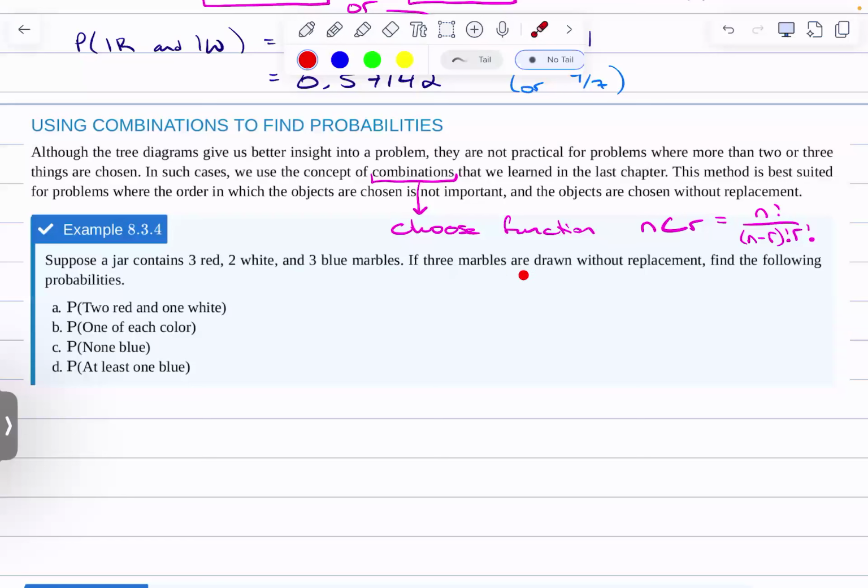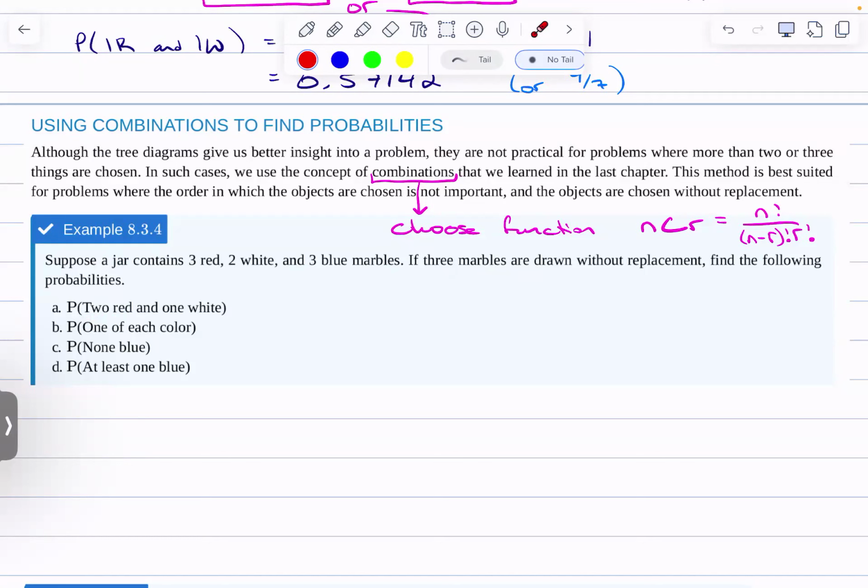And if 3 marbles are drawn without replacement, then we're going to find these probabilities. We're going to find the probability of 2 red and 1 white. Now, what we needed before was to know the total number of possible outcomes.